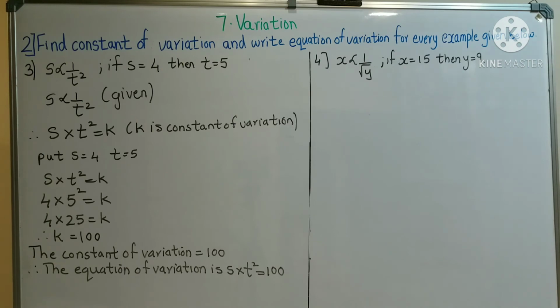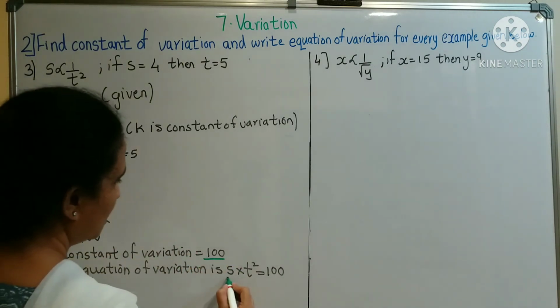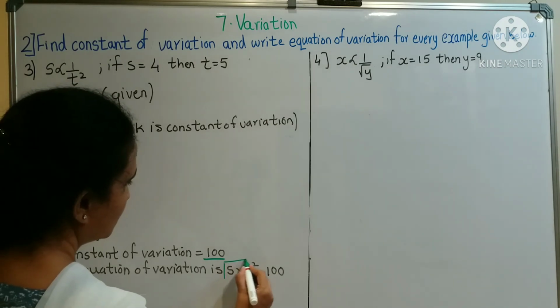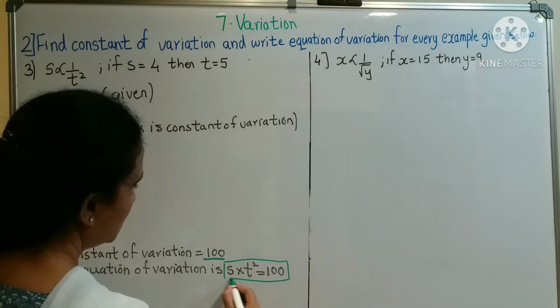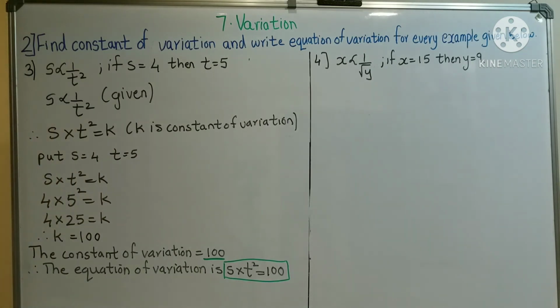So, over here, the constant we have got is 100 and S into T square is equal to 100 is the equation of the variation.